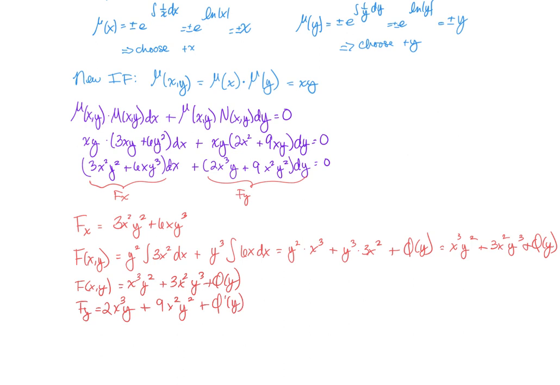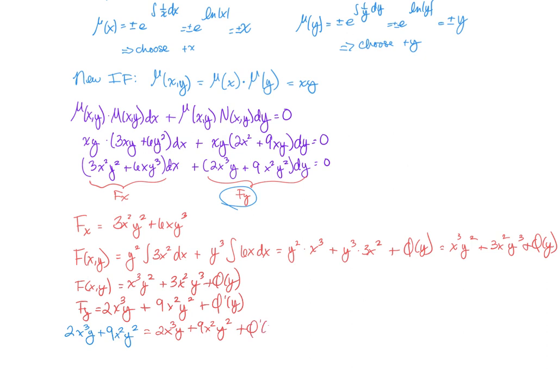But we also know that this needs to equal 2x cubed y plus 9x squared y squared from above. So if I set them equal, an interesting thing is going to happen.